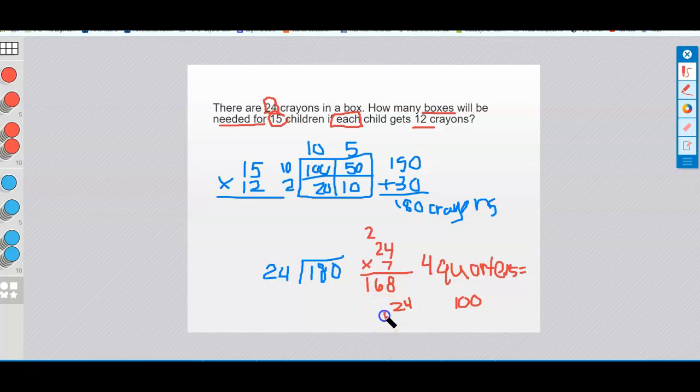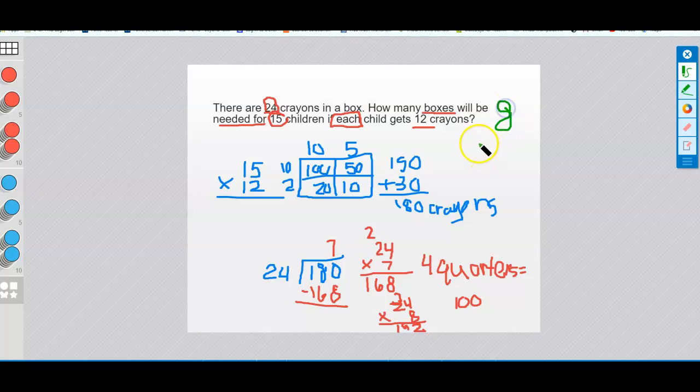Let's check. 24 times 8. That's 32. Getting a little sloppy here. 8 times 2 is 16, 17, 18, 19. That's too much. So I'm going to need at least 7 boxes of crayons. But remember, we're going to need more than 7 boxes so that all of those crayons are in a full box. So it's not 7, we will need 8 boxes.